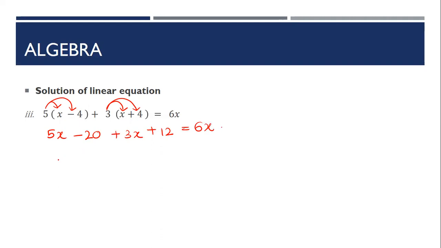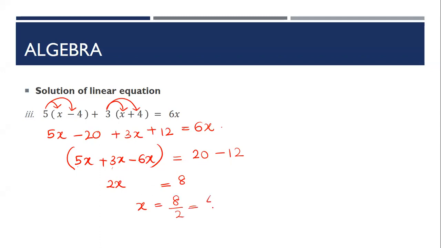Okay, so I take the x ones to the left side and the constants to the right side. So 5x plus 3x minus 6x, those are the x ones. The constants: minus 20 becomes plus 20, and plus 12 becomes minus 12. So 5 plus 3 is 8, 8 minus 6 is 2x, is equal to 20 minus 12 is 8, and we are getting our answer, 8 divided by 2, and our answer is 4.